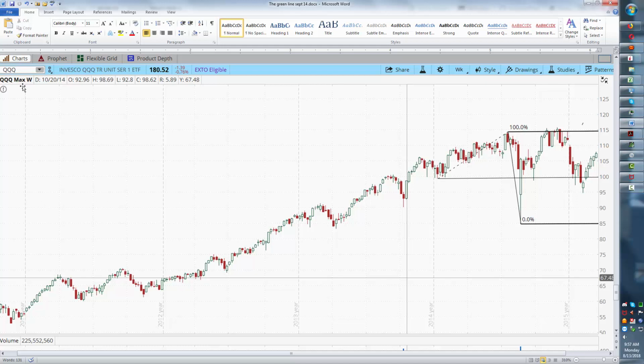And so one of the things I didn't cover was what was going to happen in the Qs, which is the NASDAQ index. Well, had you known about this technique, you would have probably drawn the line for here, which found the nice little highs here towards the end of the year in 2015 in the NASDAQ.